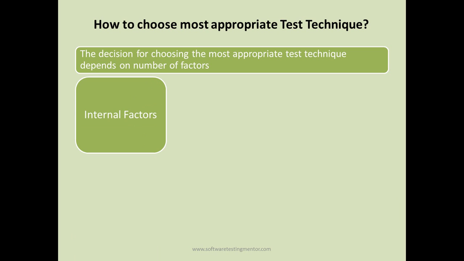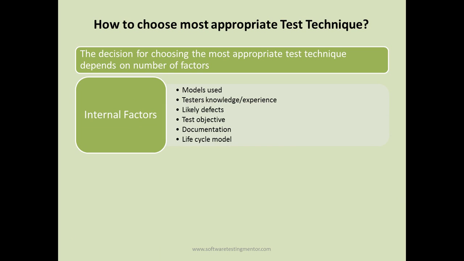So there are internal factors, which can be models that are used while developing the software, testers' knowledge or experience, what are the likely defects, which areas might have the defects based on prior experience, what are the test objectives, what documentation is available in the team, and what is the life cycle model being followed.